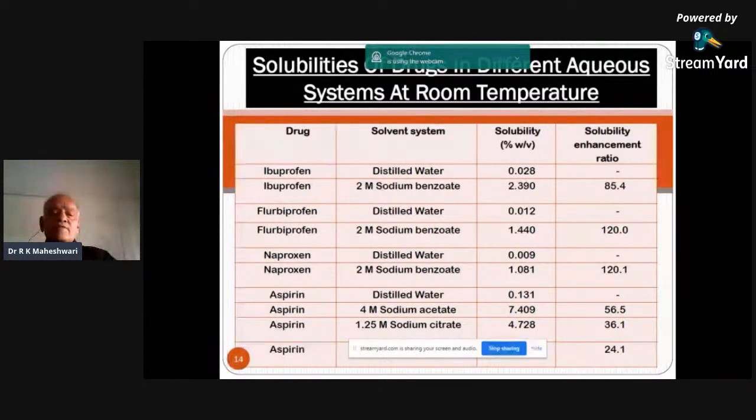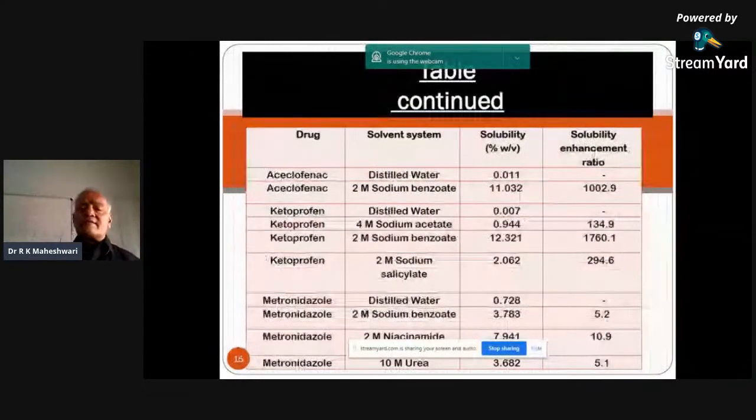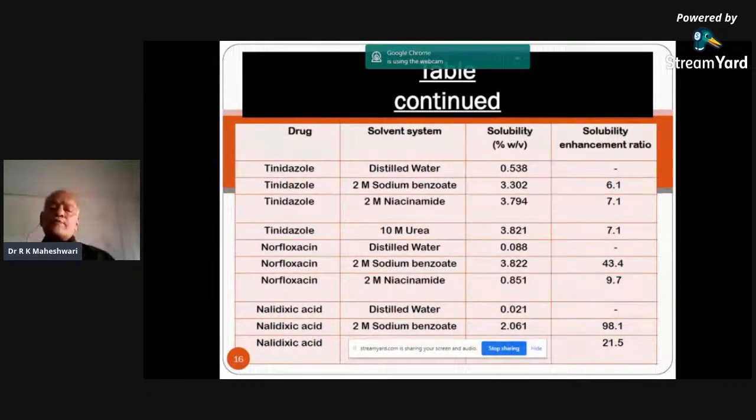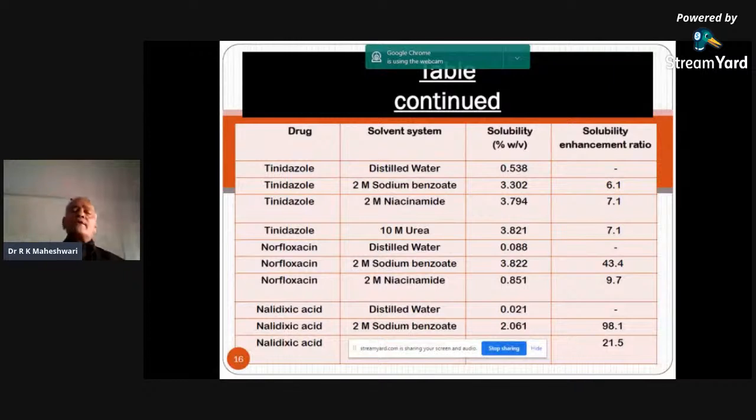So what you are seeing is that sodium acetate, sodium citrate, sodium benzoate, niacinamide, these all are hydrotropic agents. And when there is enhancement in solubility with large concentrations of these hydrotropic agents, then we call this phenomenon hydrotropic solubilization. So I am again defining the term hydrotropic solubilization.